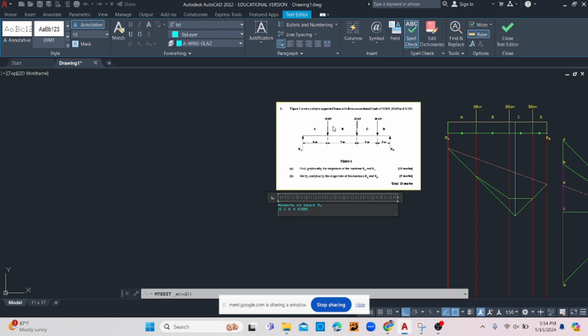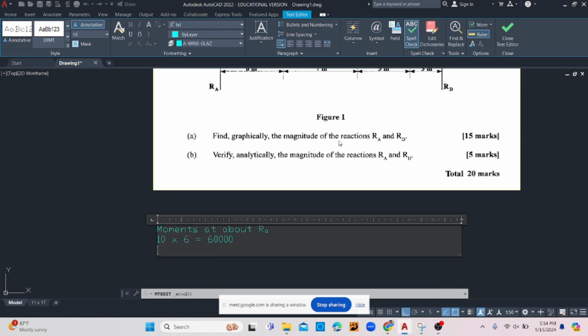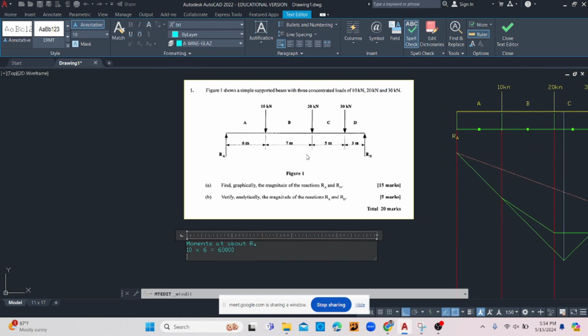Now we do the same thing for the other point load, which is the 20 kilonewton. So we have to increase the distance. The distance from this load, which is 20 kilonewton, away from RA: we have 6 here, and then we have 7, because that's how the distance is.